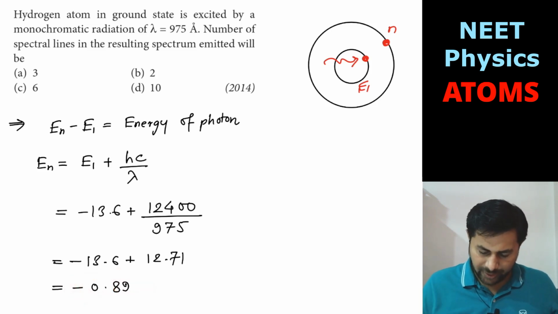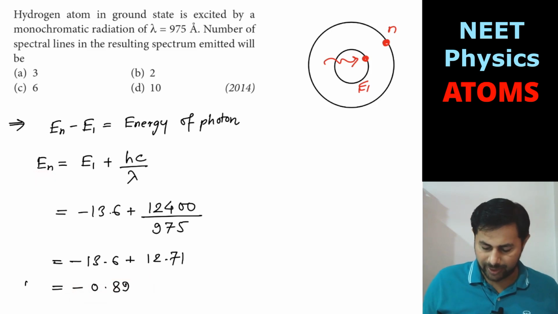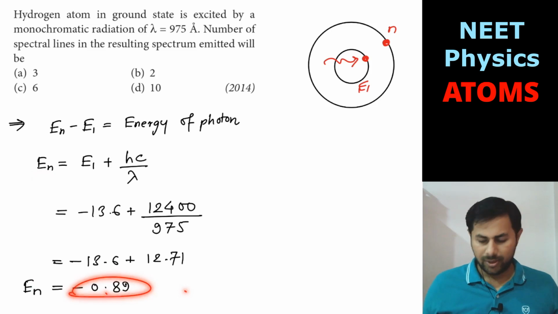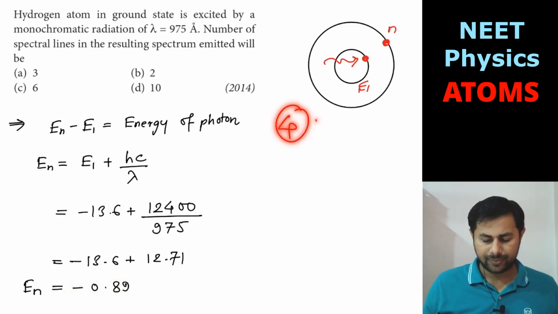So this is En, the energy of the nth orbit, is minus 0.89. So which orbit is this one? This is the fourth one, right? Okay, this is the fourth one.